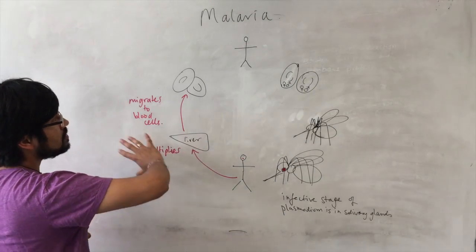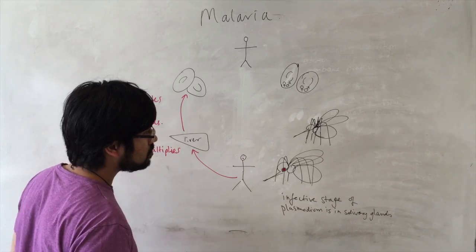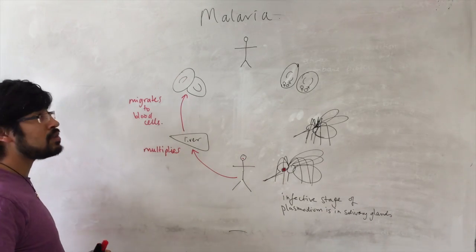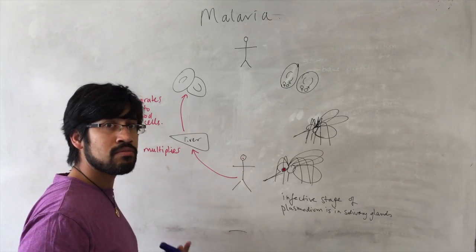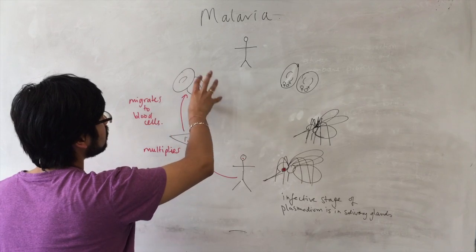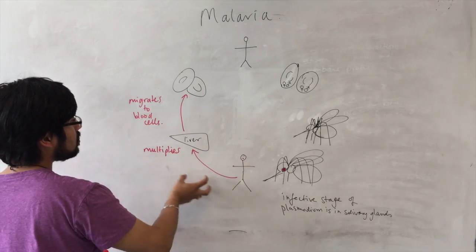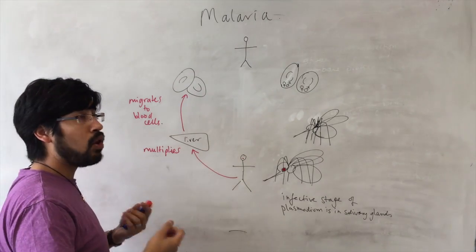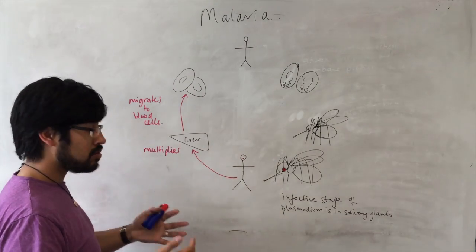So the fever that's produced by malaria is because the body is putting a lot of its energy into repopulating its red blood cells in the blood. Okay, so when the Plasmodium gets into the red blood cells, they multiply a lot and cause the red blood cells to burst. Okay.